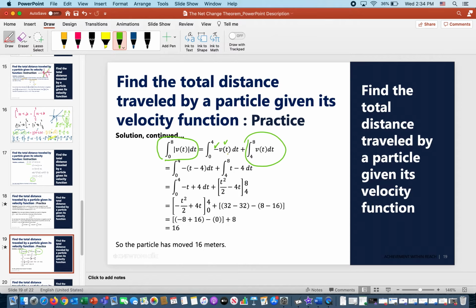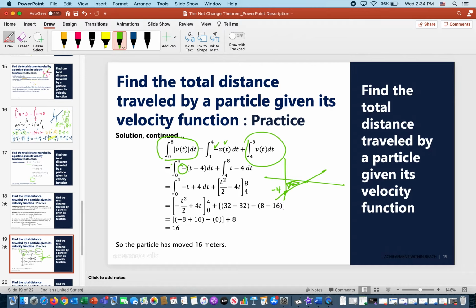So if you were to look at this function, t minus 4, it would have a y-intercept of negative 4, right? You go down 4 and then up. So this is the part that's under the x-axis, and that's why we put a negative right here, because we want to take the opposite of that. This is going to come out to be a negative value, so putting a negative in front makes that positive.